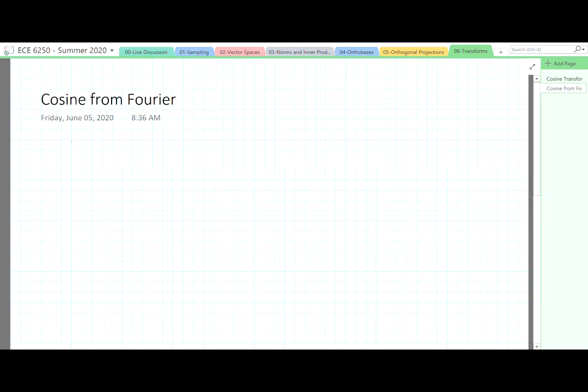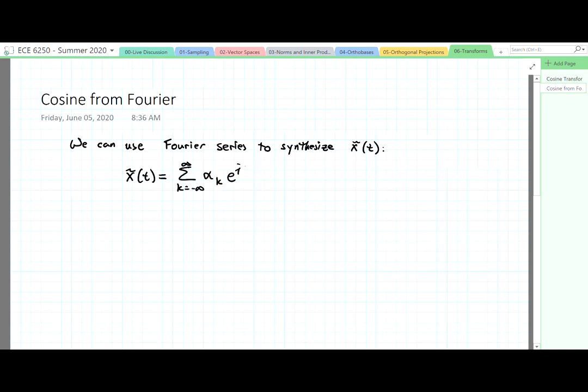So we're going to synthesize x tilde of t in a way that we are used to. x tilde of t is equal to the sum from minus infinity to infinity of c_k e^{j 2 pi k t over T}.